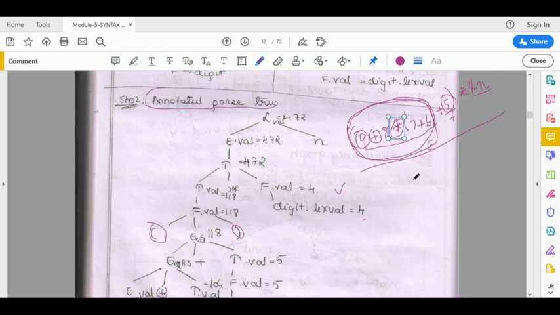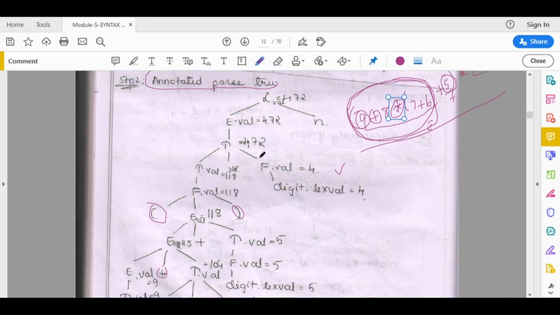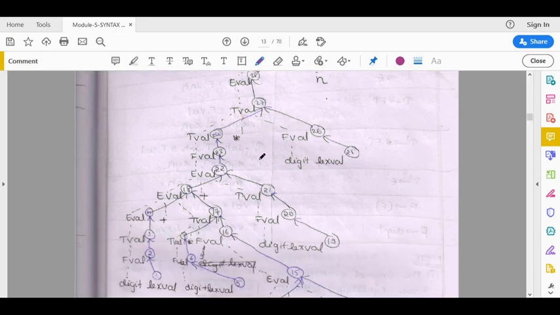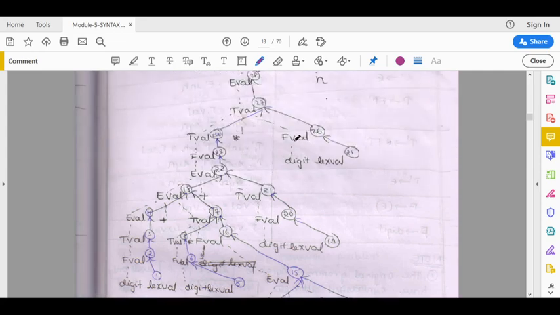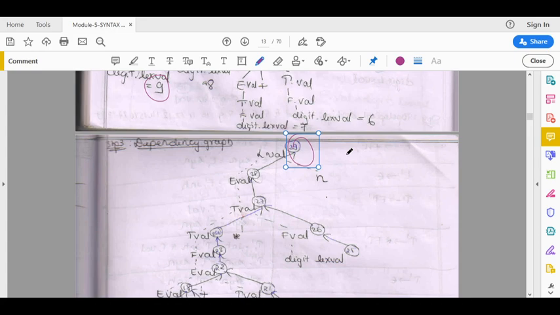So be quite cautious whenever you are writing the annotated parse tree, because using this annotated parse tree only you go for the dependency graph. It looks the same, the only thing is you insert a few values of the steps. Ultimately here we have 29 steps of values which you need to push.